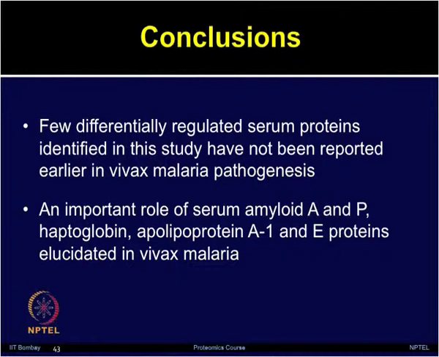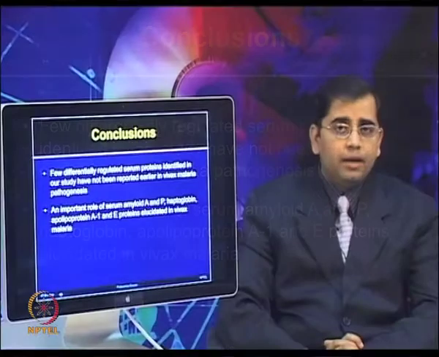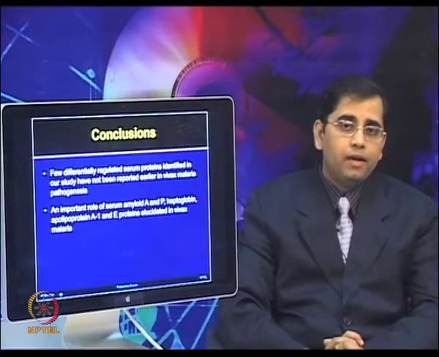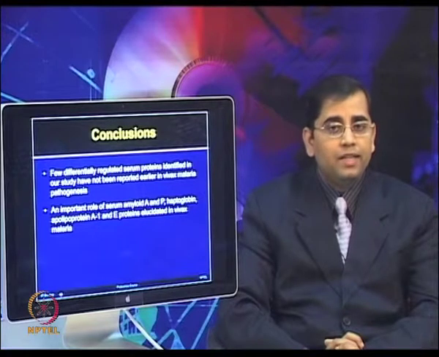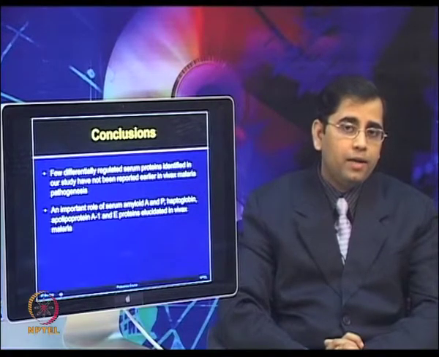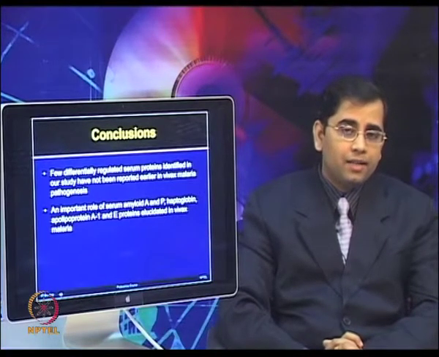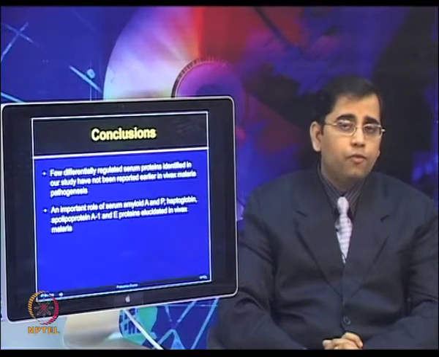A very important role of a few proteins such as serum amyloid A and haptoglobin, apolipoprotein A1 and E was established in vivax malaria, and this study finally enhanced our understanding of the basis of disease pathogenesis and provided a few potential targets which could be used for further investigation.